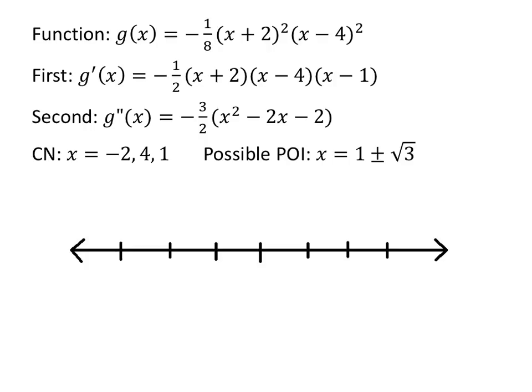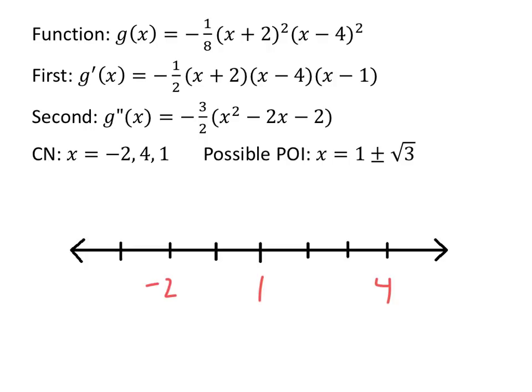Okay, so now we fill in our number line. Negative 2, 1, 4, 1 plus or minus the square root of 3. Where do you think that would be? Well, I know that the square root of 4 is 2. And so the square root of 3 has to be less than 2. So maybe here, I'll have 1 minus the square root of 3. That's so not true.